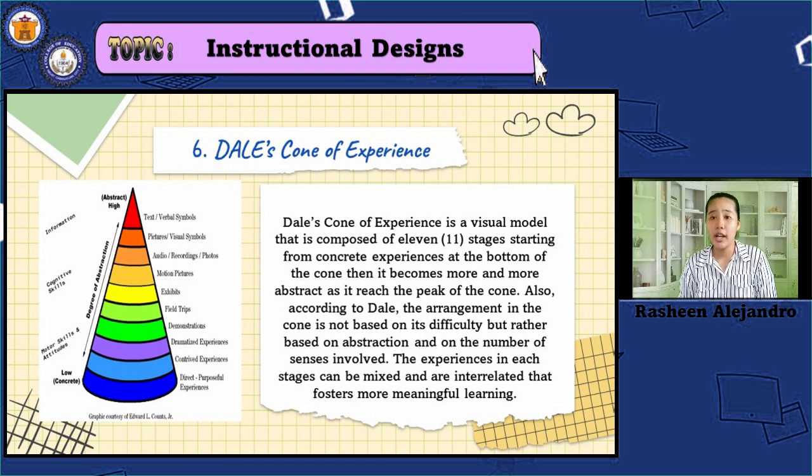Yellow, orange, and light yellow colors focus on observing activities such as seeing pictures and hearing recordings. The level of television, motion pictures, and pictures are counted in.